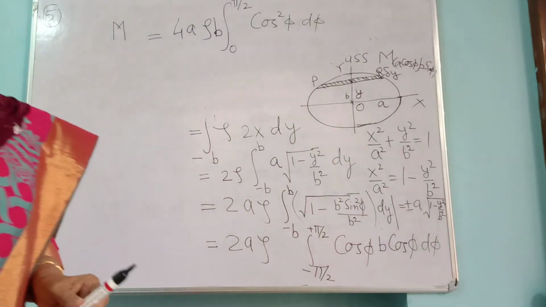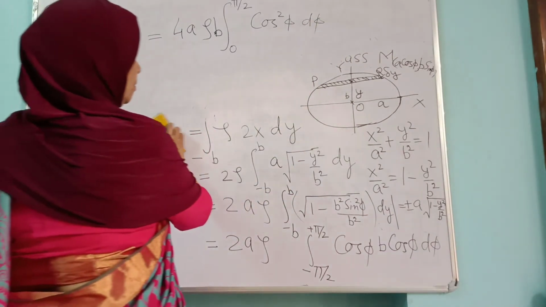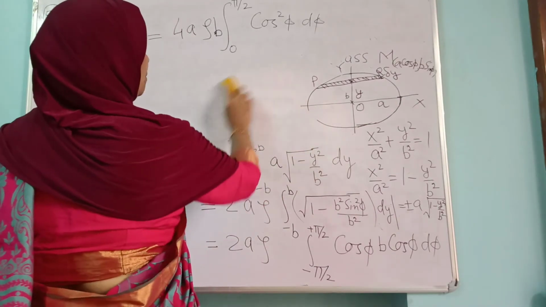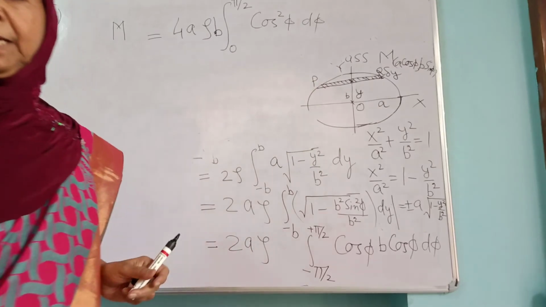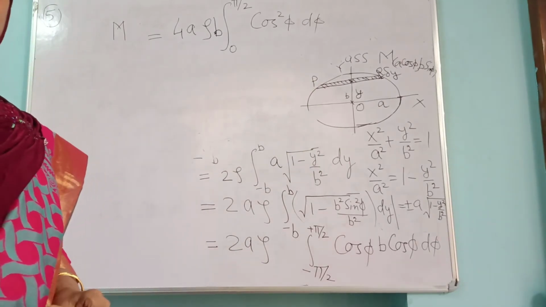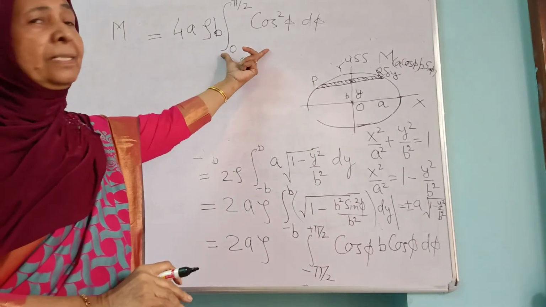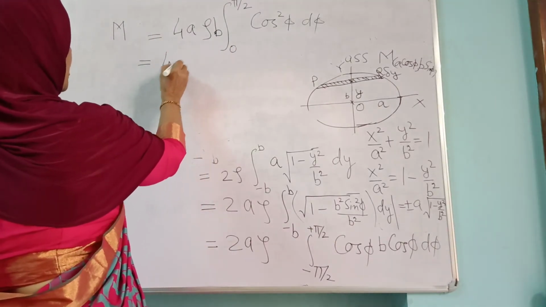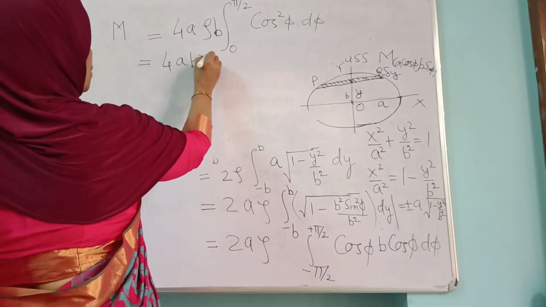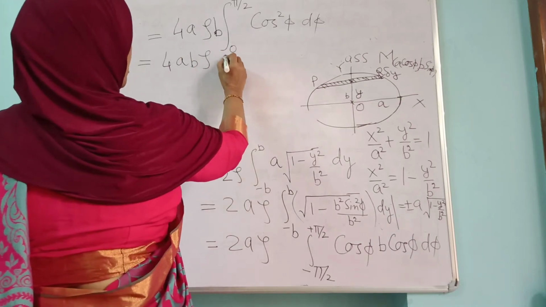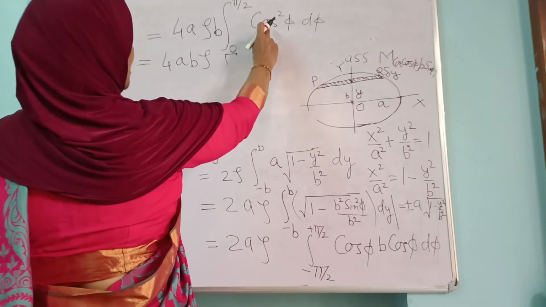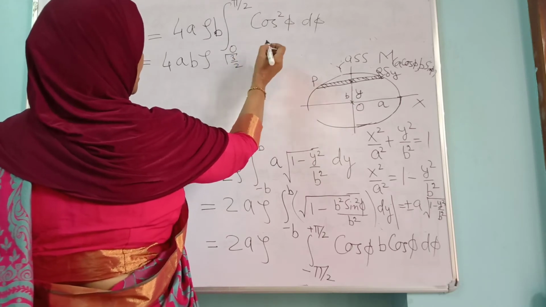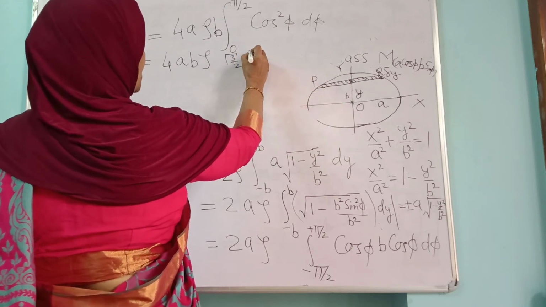Now this integral is very simple. Why? Because you can apply the gamma function to calculate this integral. What is that? 4ab rho, and this is gamma (m plus 1) by 2, gamma (n plus 1) by 2.